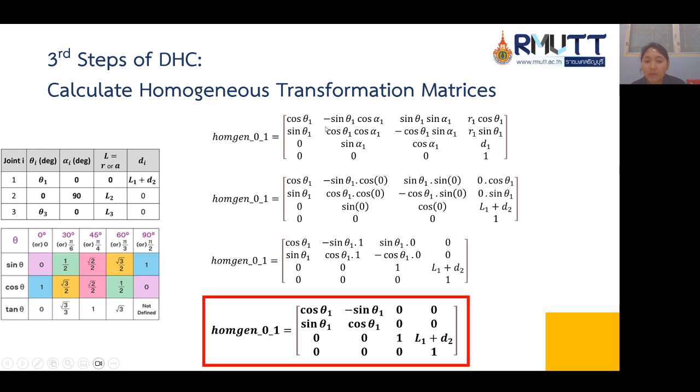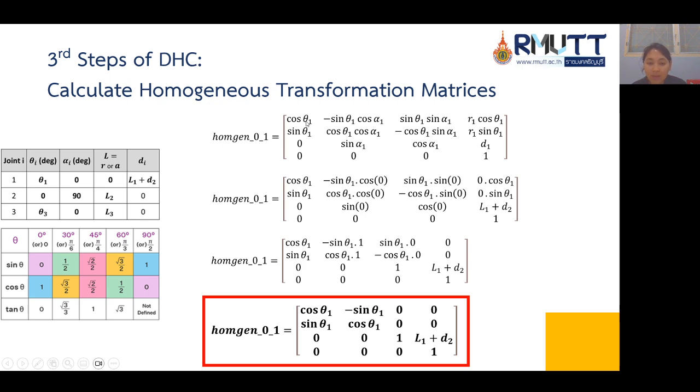Just change the values here: the theta, the alpha, and also the R and D. So we can see the homogeneous transformation matrix of the first joint, or M 0 1. The matrix is like this one.